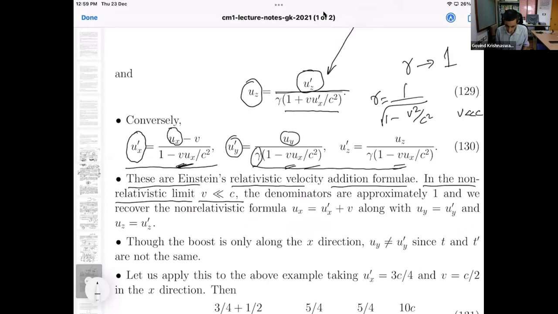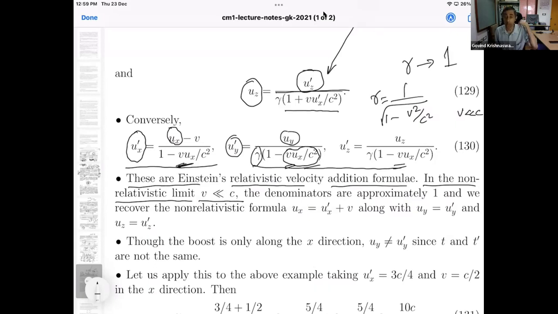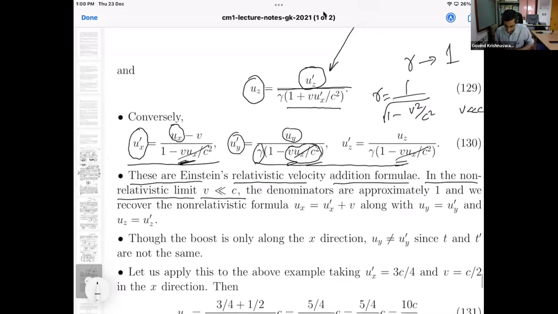And not only that, this v upon c factor will become very small, and we can ignore these correction terms in the denominator and recover the non-relativistic formula which said that ux is equal to ux prime plus v, uy equal to uy prime, and uz equal to uz prime. Okay, so the Galilean relativity, non-relativistic mechanics, orthogonal velocity components are unaffected.